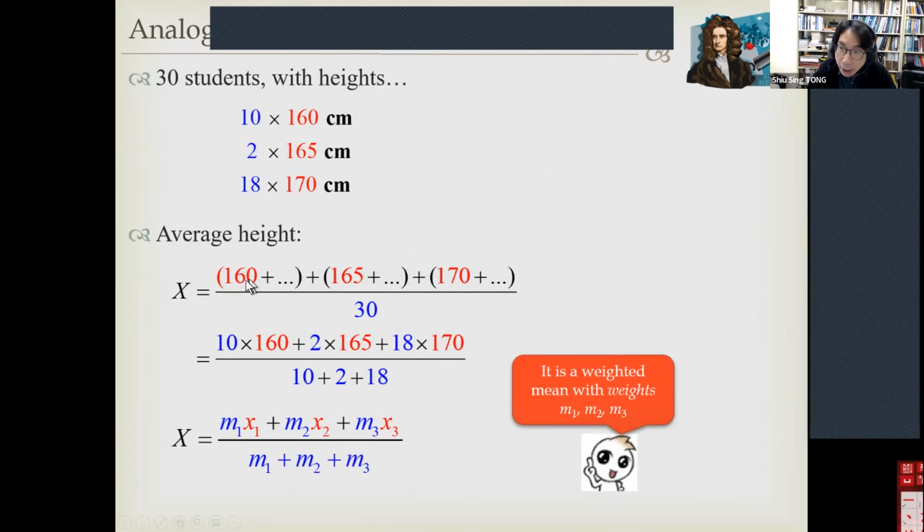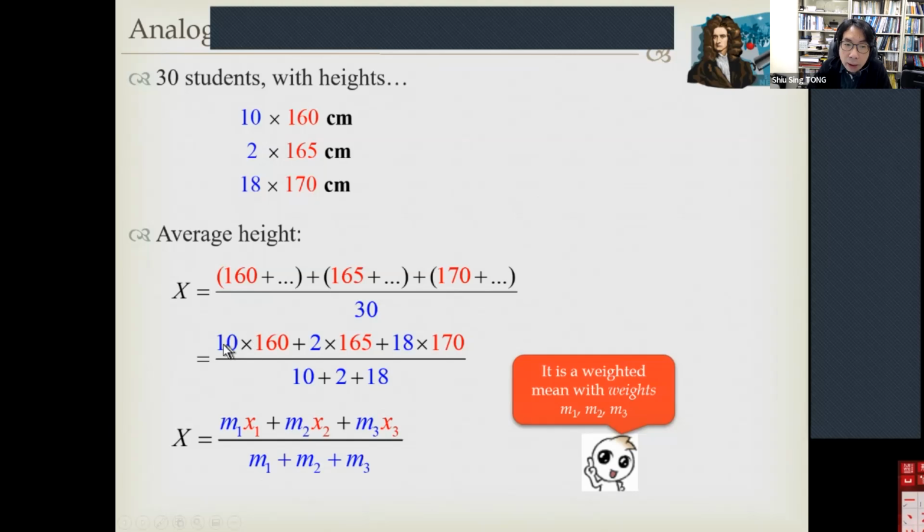Instead of adding 10 of 160, we just multiply 160 by 10, and we multiply 165 by 2, and then we multiply 170 by 18. That is, you multiply the heights by the frequency of appearance, and you add them up together, and you divide by the sum of the frequencies. The sum of the frequencies, of course, gives you the total number of students in this situation.